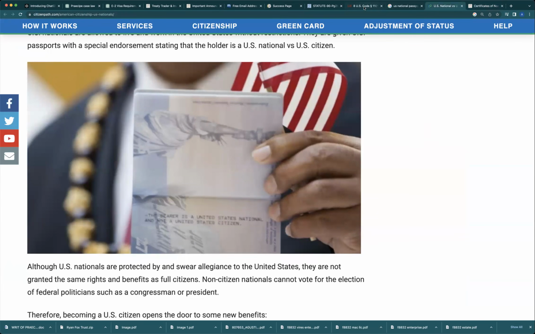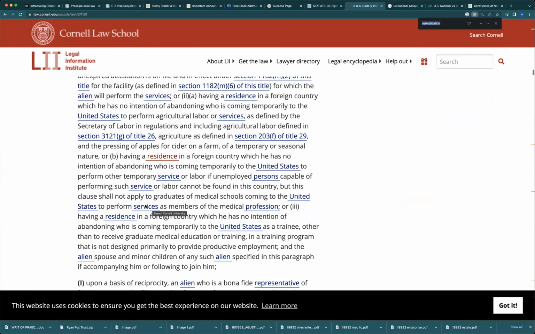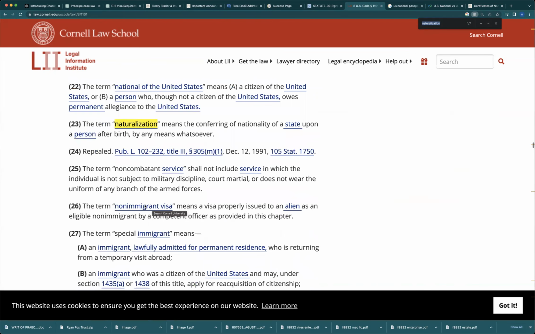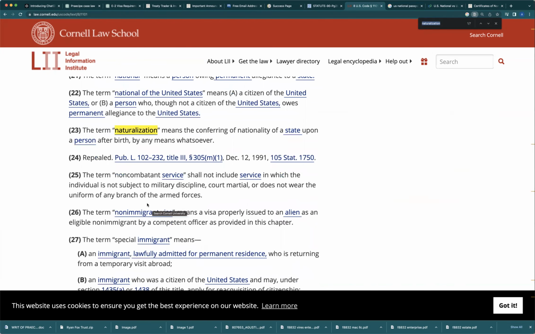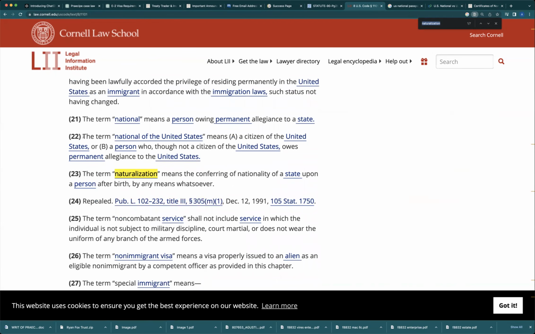People, a U.S. national is one and the same with a U.S. citizen. Do not let them fool you with those mind tricks. You can't get any clearer than this right here. The term national of the United States means a citizen of the United States.